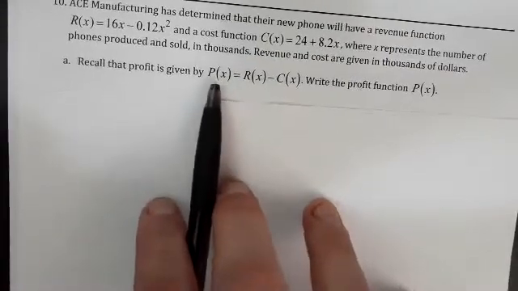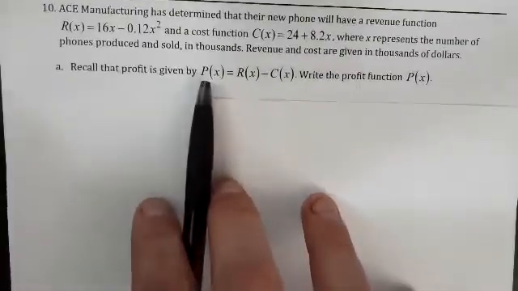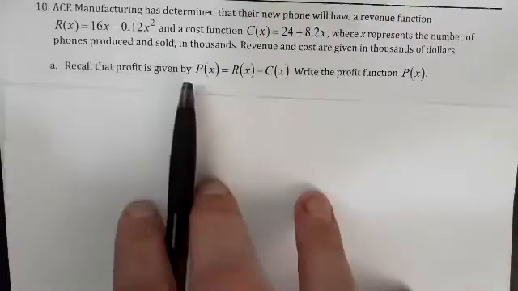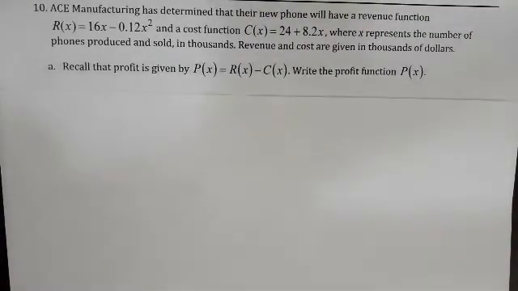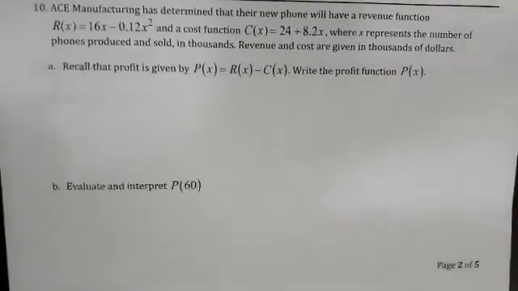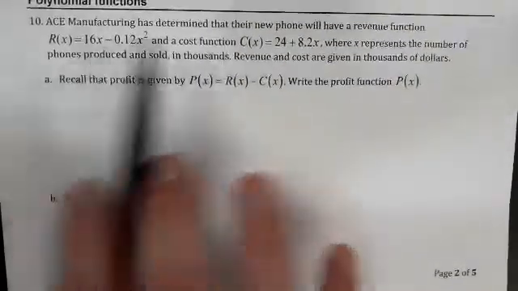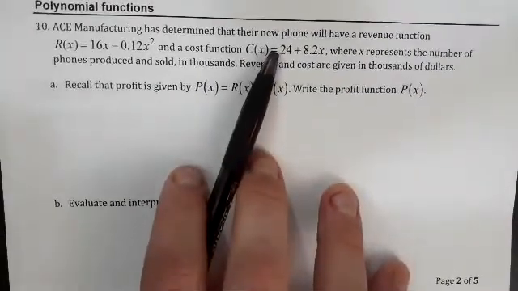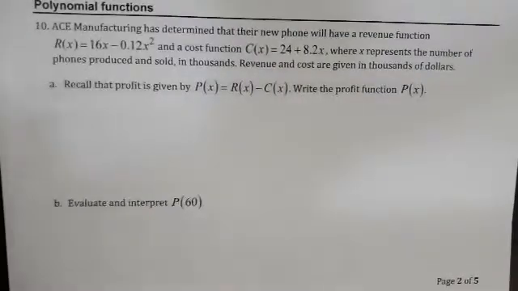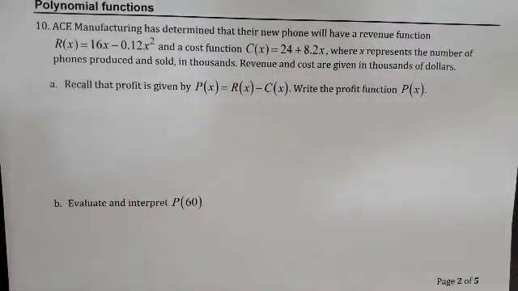So whatever gain you're making by selling these sorts of things, after taking off the expenses, is going to be your profit. And so what they're doing is they're coming up with a function for your revenue. They're coming up with a function for your cost. And if we subtract cost from our revenue, we will get to our profit.